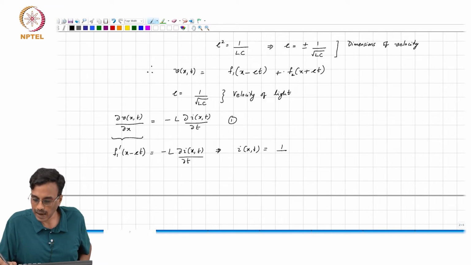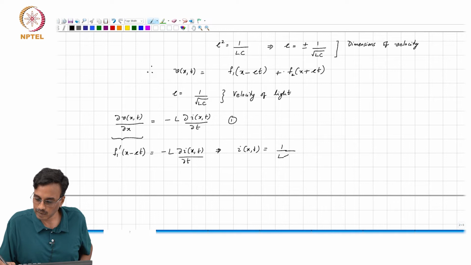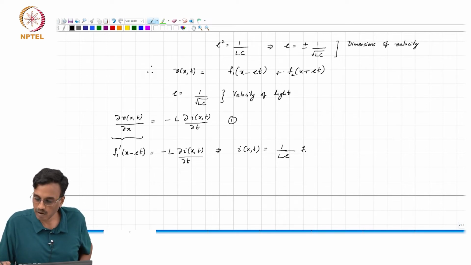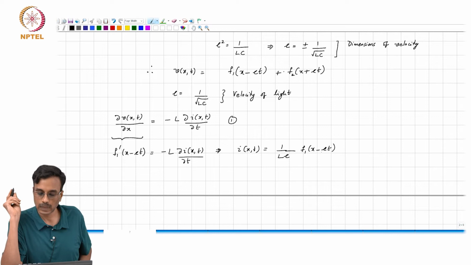1 over L times C times f1 of x minus ct. Does it make sense?